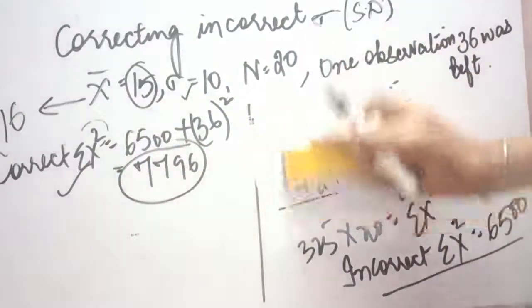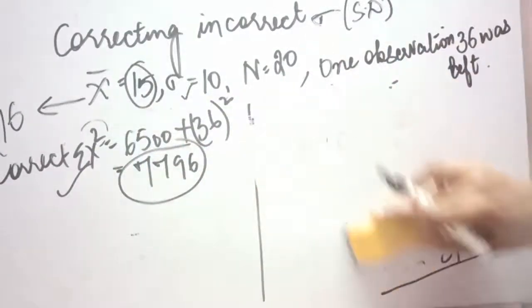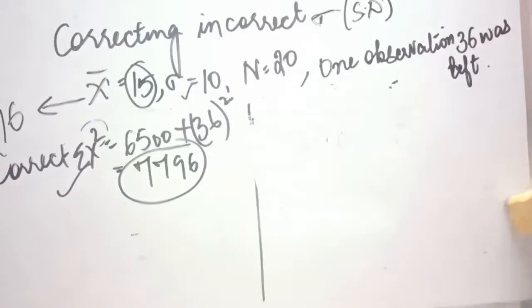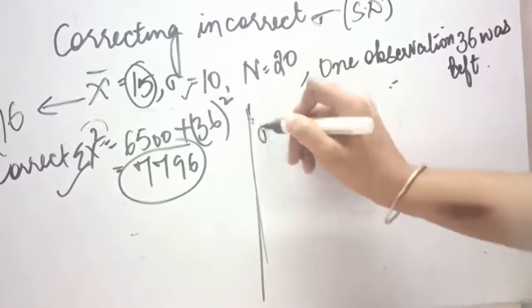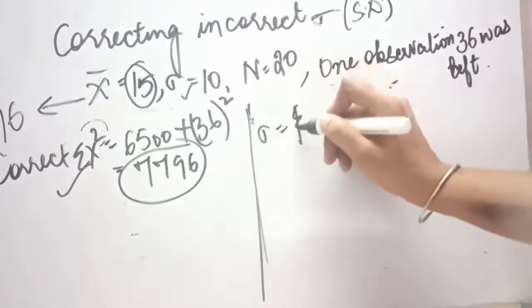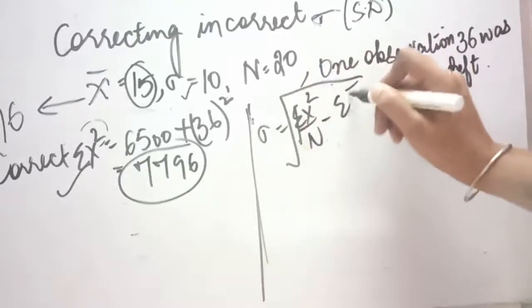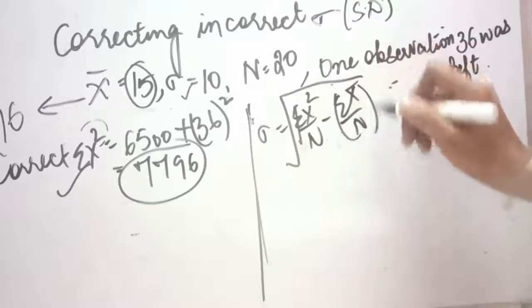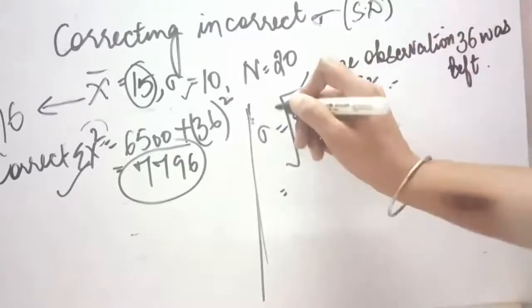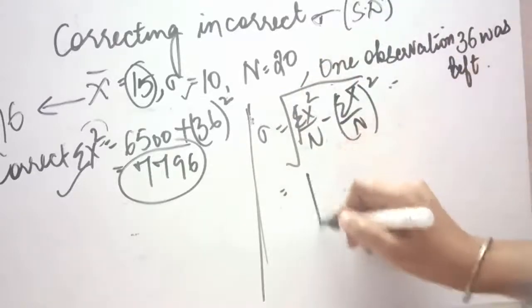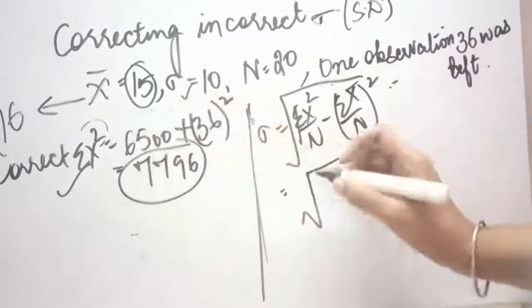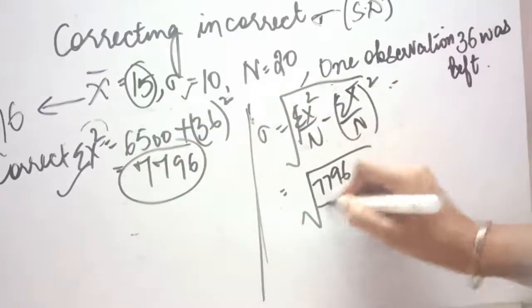Now that we have the correct sigma x square, we can use the formula of standard deviation again. We know that the formula for standard deviation is the square root of sigma x square by n minus sigma x by n whole square. Now we will put in the correct values. The correct sigma x square we calculated is 7796.